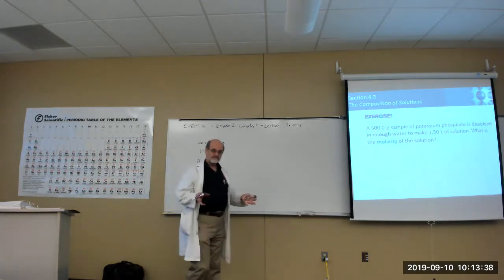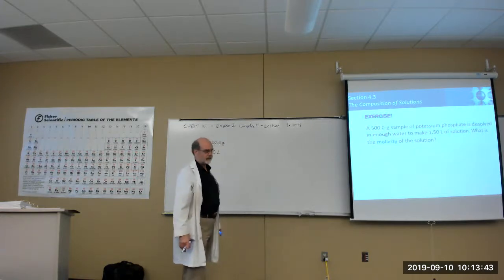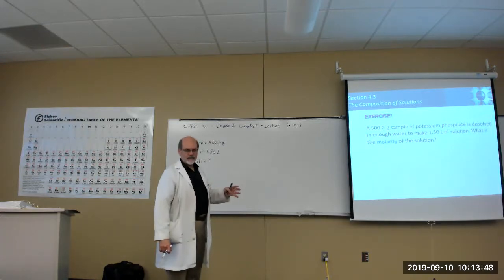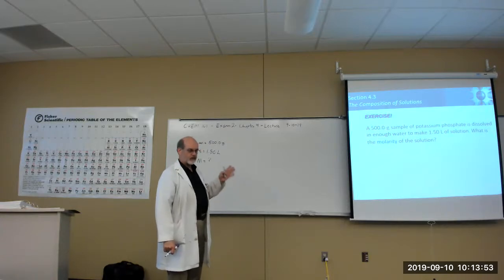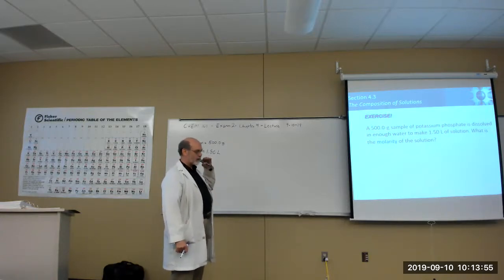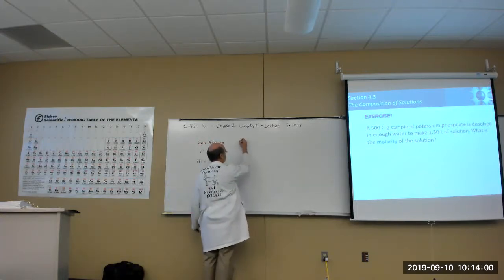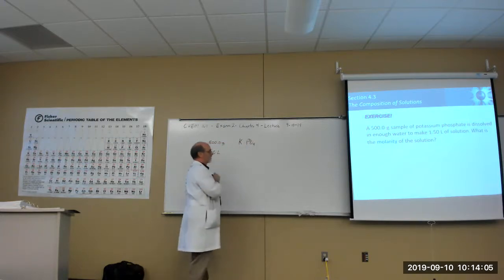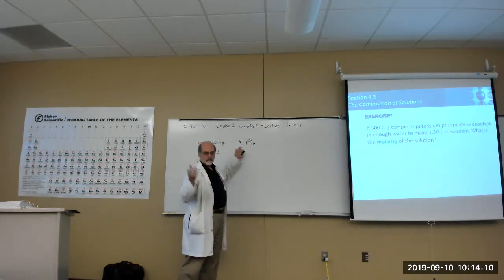First thing we have to do, we have to know what the formula for potassium phosphate is. That's essential. That's why I hammered nomenclature so heavy in the past. You have to be able to write these compounds correctly, or from now on, you're dead in the water. Potassium phosphate. There's potassium. Phosphate is a polyatomic ion. Now we know potassium comes from alkali metals, group 1.